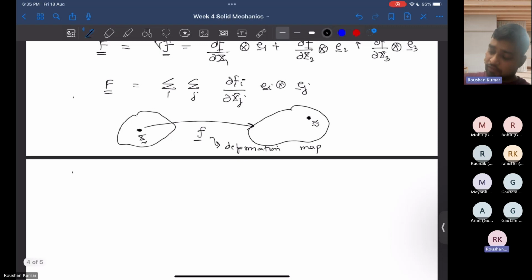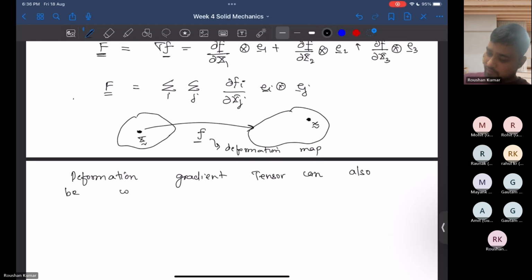Deformation gradient tensor can also be written in terms of the displacement component: F equals identity tensor plus gradient of u.